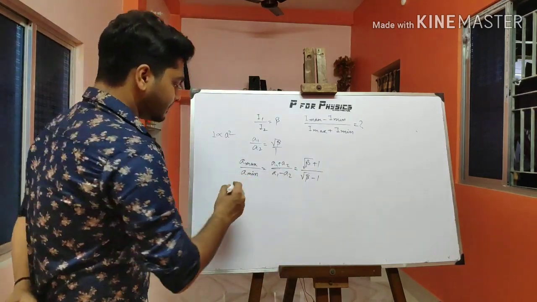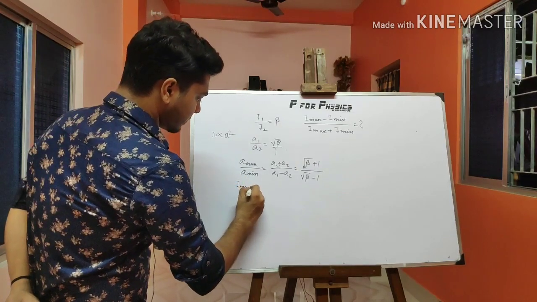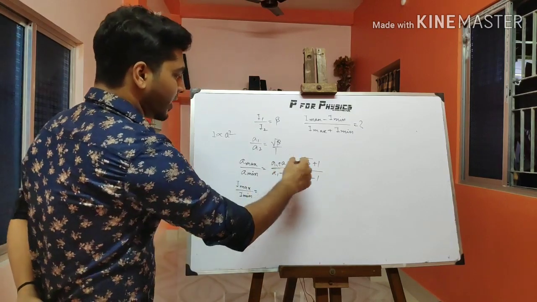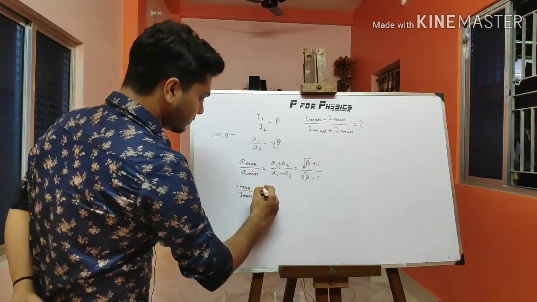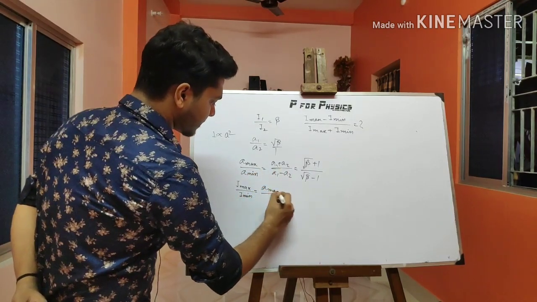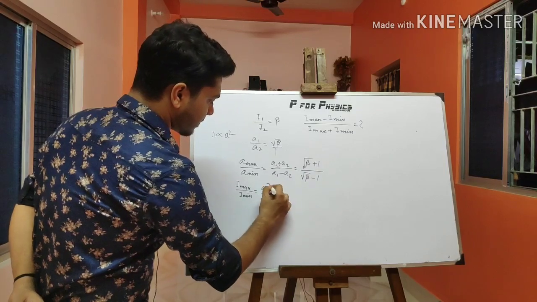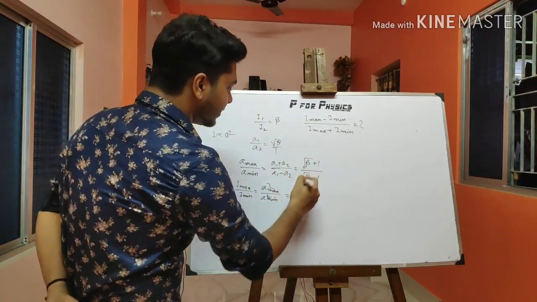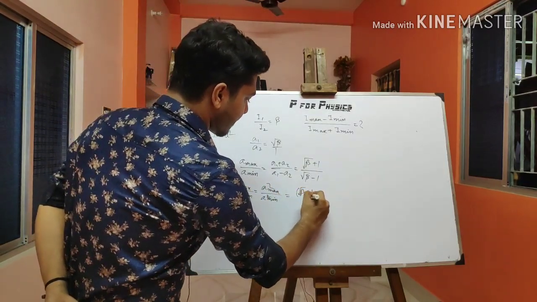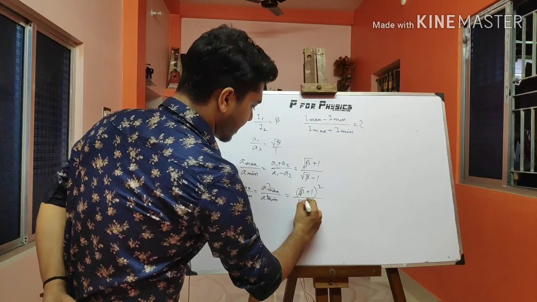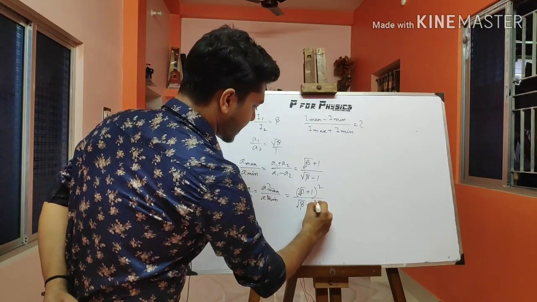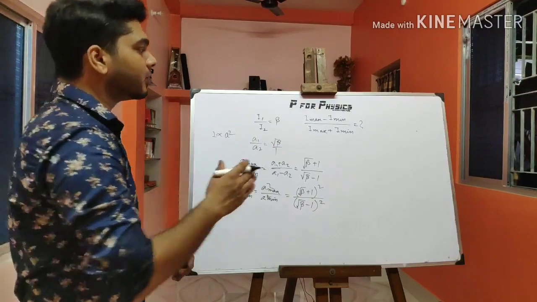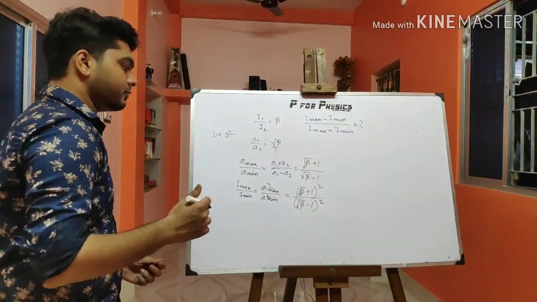Simple. Now I max by I min should be the square of this thing. So simply square it. So far it's simple. Now we have to do this componendo and dividendo.